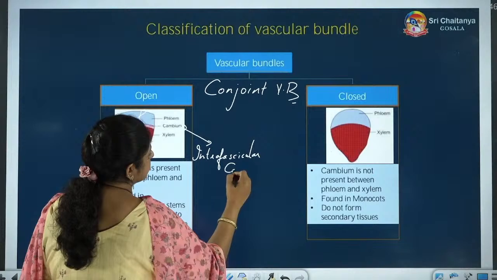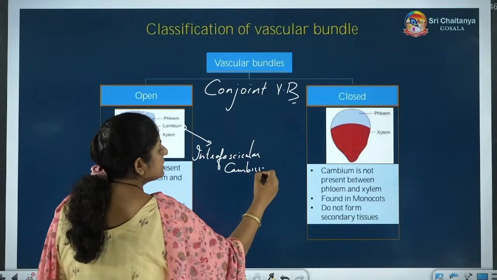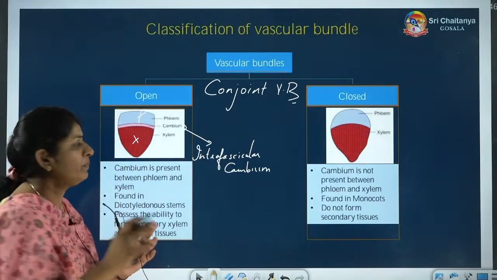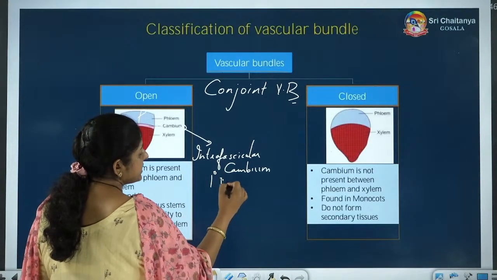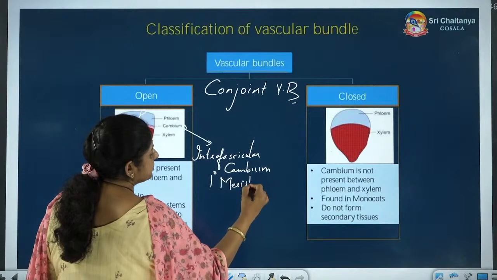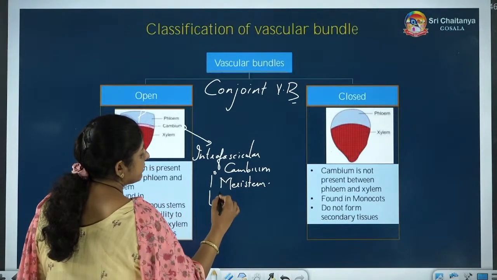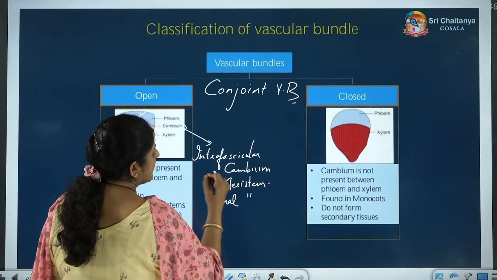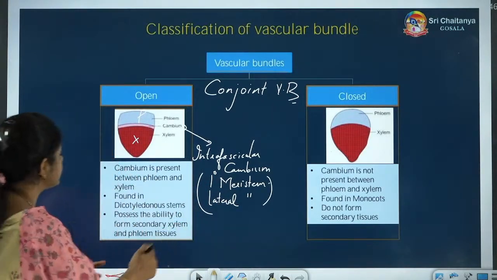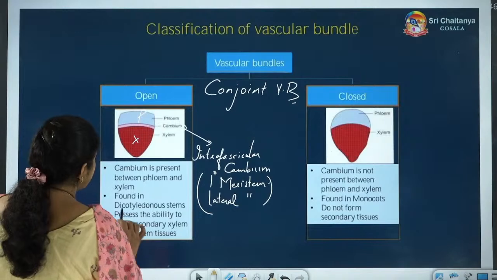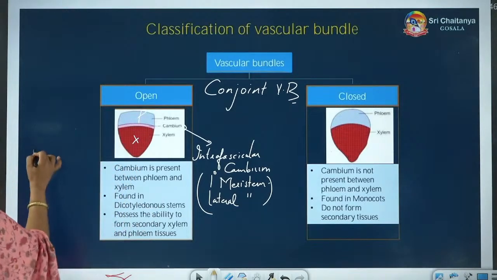Intrafascicular cambium. If you cannot understand, at least you should know this intrafascicular cambium is primary meristem, but it is lateral meristem. Primary means it originates from the beginning, it is already there, and this is a feature of what? That is in the case of the dicot stem.